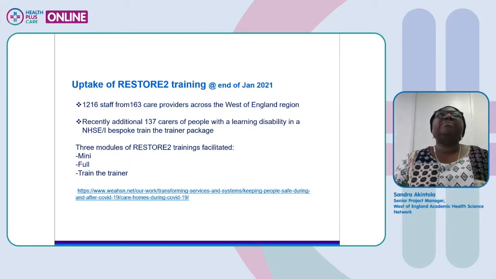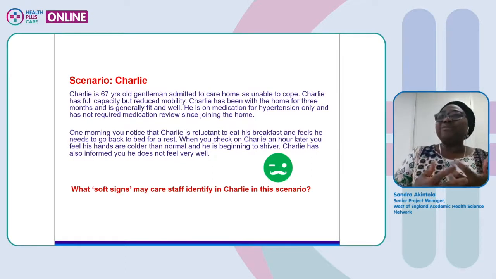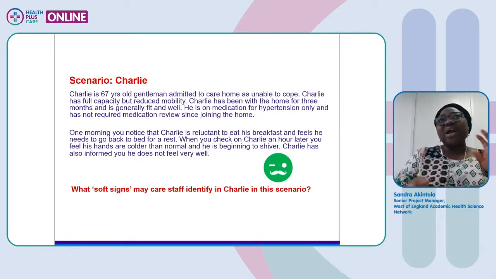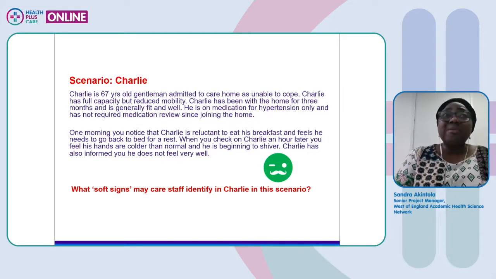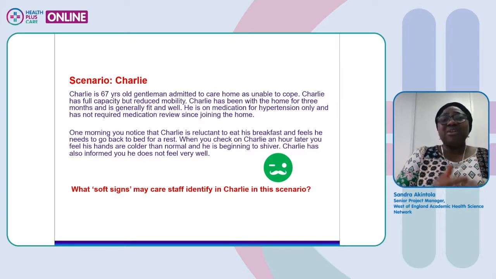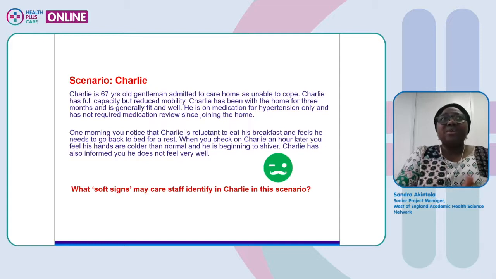Next slide, please. I thought it would be nice to get an idea of the sort of things we do with people who come on our training sessions. I've put in two scenarios that we would explore. Let's assume you are a carer, a member of staff in a care home, and this might be one of your residents, Charlie.